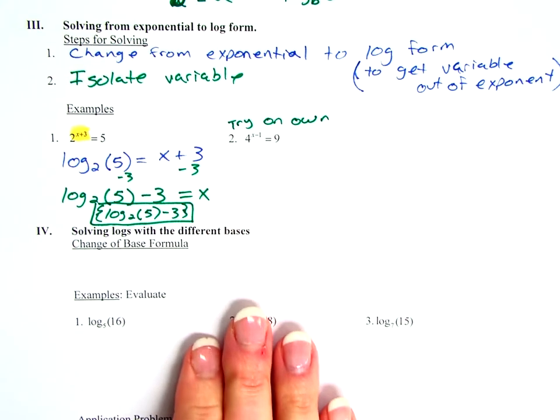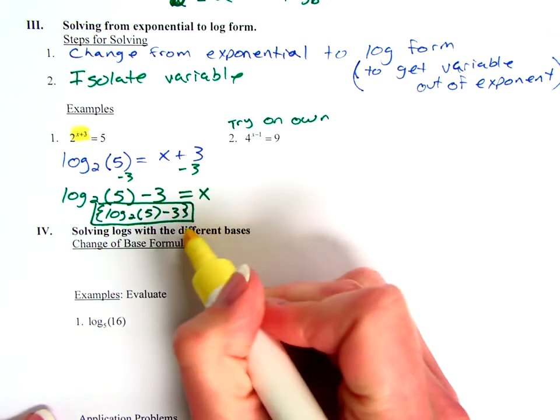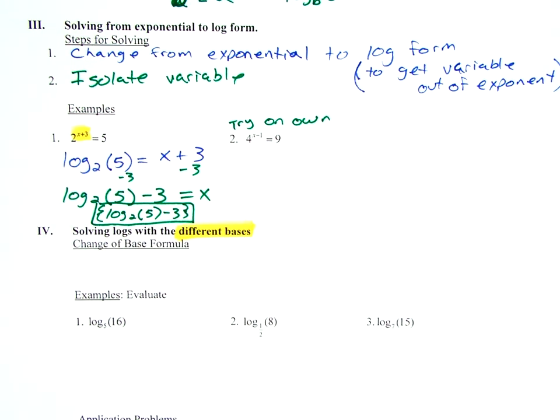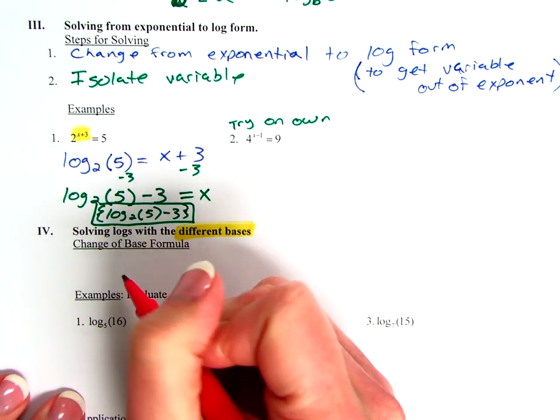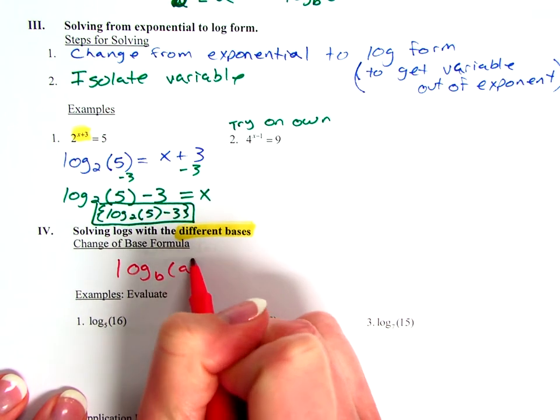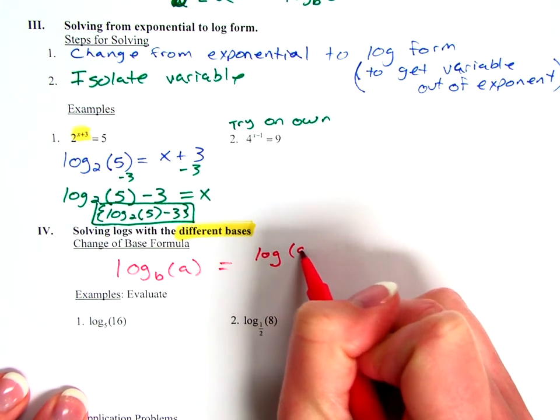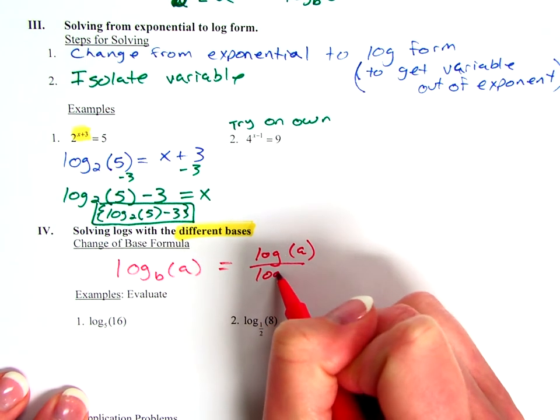All right. Section 4 is all about solving logs with different bases. By different bases, I mean ones that aren't base e or base 10, so not the common log and not the natural log. Remember from when we were graphing logarithmic equations, if I gave you log base b of a, we could change that into log of a over log of b.